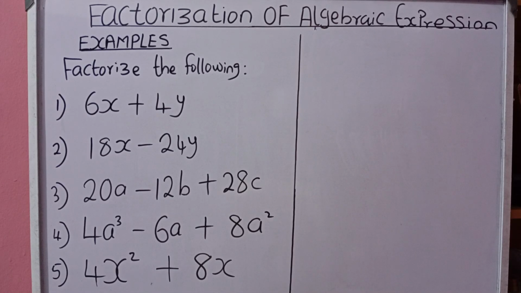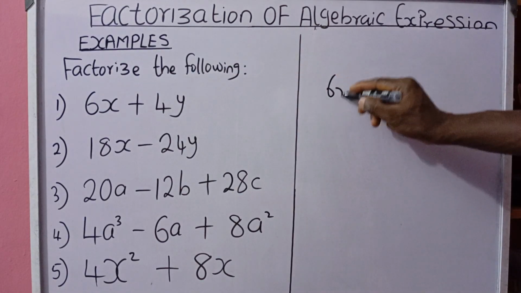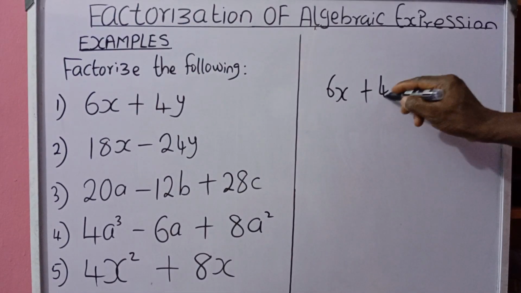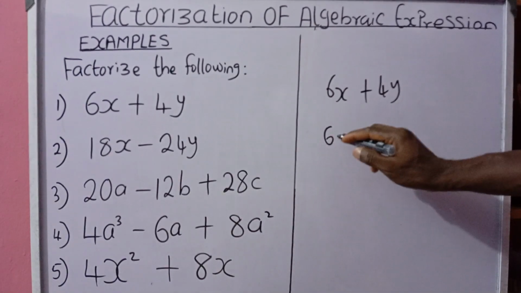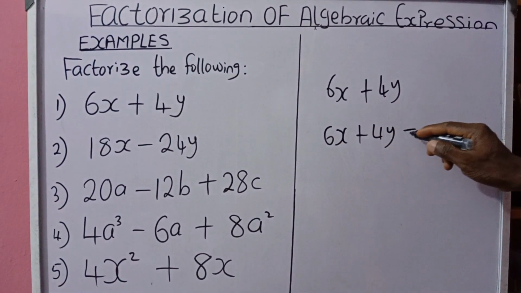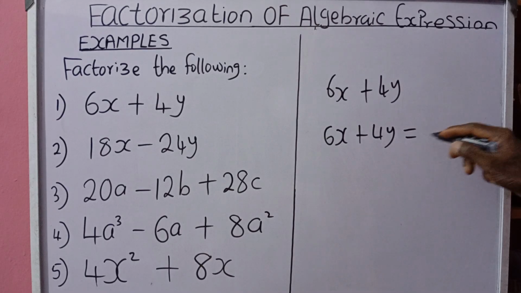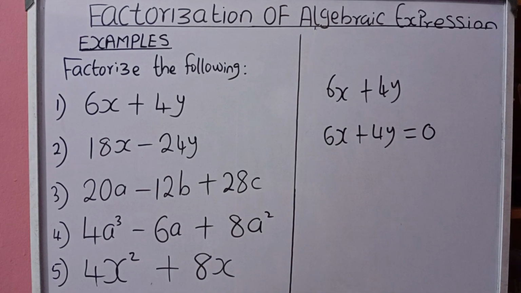We call it an expression when it has no equal sign in it. Like in the case of number 1, here we have 6x plus 4y. This is an expression. But when you have it in this form, 6x plus 4y, that is when an equal sign is introduced. Let's say equal to 0 or equal to 1 or equal to any number. That is to say equal to 0 here.